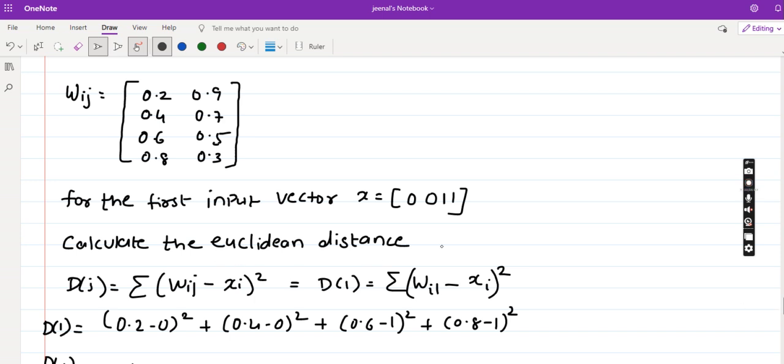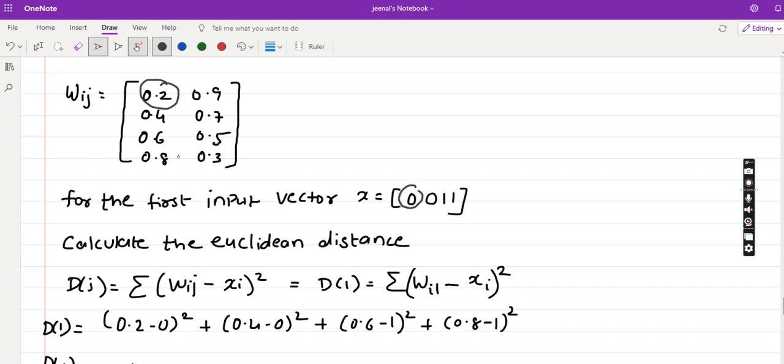So we calculate the Euclidean distance. Dj is given as the summation of (wij minus xi) the whole square. So D1 will be the summation of (wi1 minus xi) the whole square. We are doing it with respect to the first output neuron. So my value wi1 will be 0.2, which is this value, minus 0, which is this value.